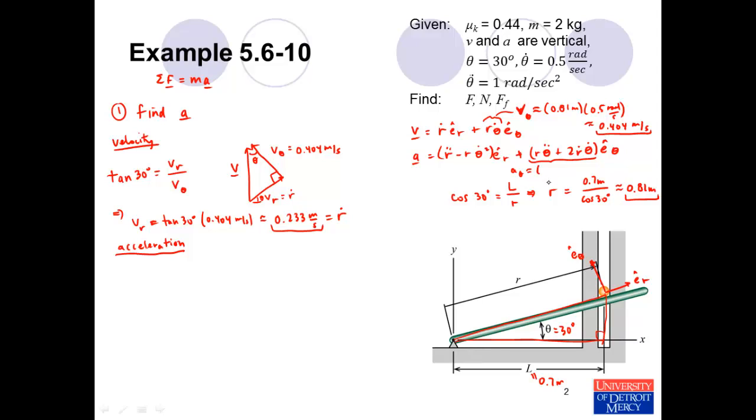So plugging in, we have a radius of 0.81 meters, a theta double dot of 1 radian per second squared, plus 2r dot, which we just found, and then theta dot, which is given to be 0.5. If we punch that all into our calculator, that works out to be approximately 1.043 meters per second squared.